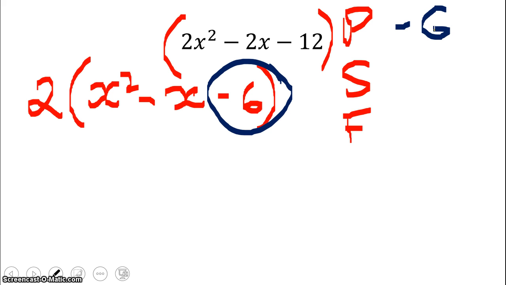We've got a negative x, which is negative 1, and we need to make 6. Because we've got a negative product term, we know that one of them is going to be positive, and one of them is going to be negative.